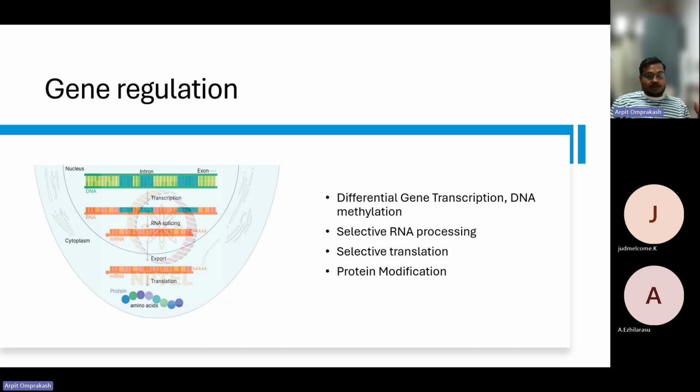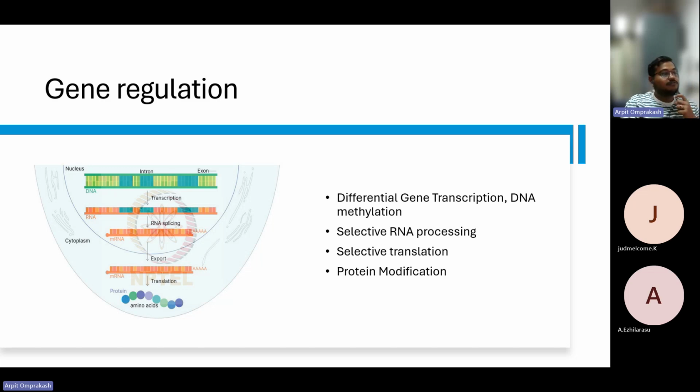There can be multiple steps here which can give rise to gene regulation. The first is differential gene transcription. DNA methylation is one way where transcription of certain parts of the DNA stops, so no mRNA is produced. There can be selective mRNA processing, where only some RNA is spliced and processed to go out, and others are not.